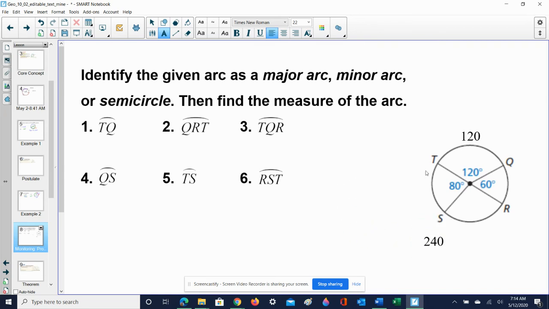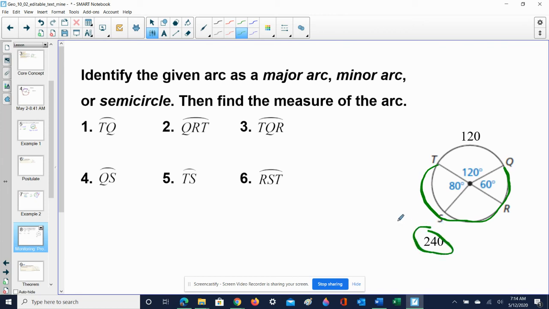So this whole arc out here, QRT, has to be this 240. And is that a major arc or a minor arc? Well, it's greater than 180, so it's a major arc. How about TQR? Well, two arcs can be added together.